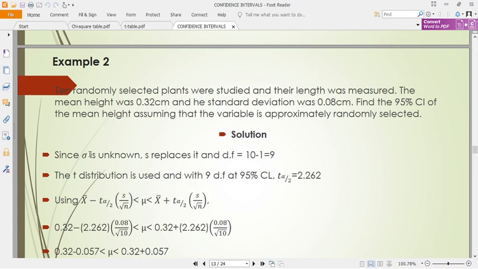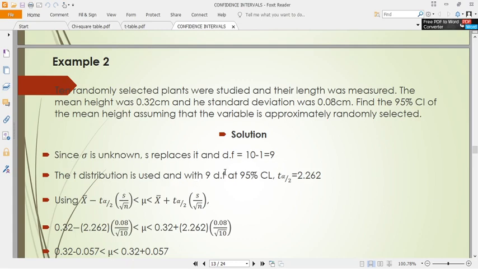So since the population standard deviation is unknown, we use the sample standard deviation, which is denoted by s. And then the degrees of freedom, remember our n is 10, it is less than 30, so that qualifies the t-test. So our degrees of freedom will be 10 minus 1, which is 9.